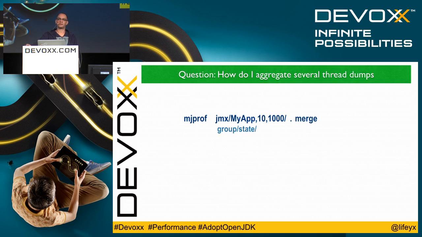After I do that, I apply the monad merge, which combines all the thread dumps by a certain attribute. The default attribute is the thread ID, which means that after that, I'm able to see what a certain thread does in all the consecutive samples that I took on it. And of course, I can follow on the result. I can again group it by state.